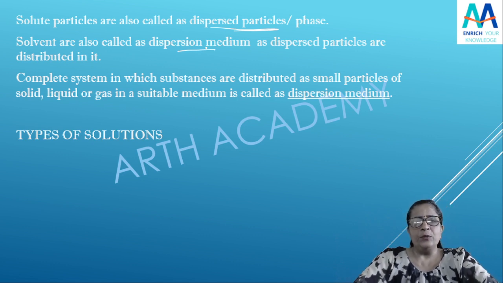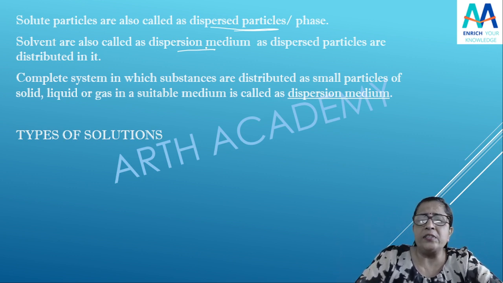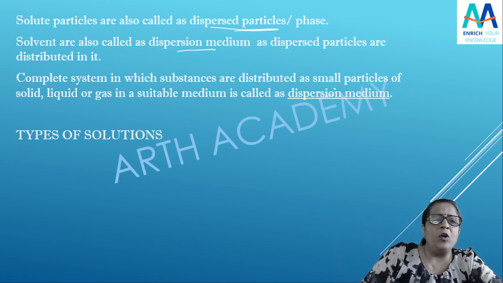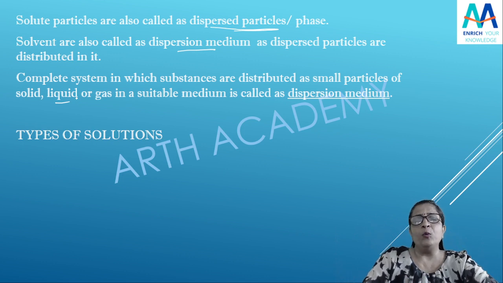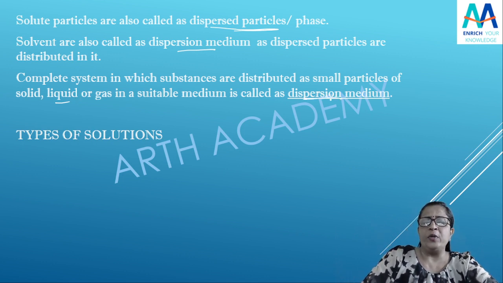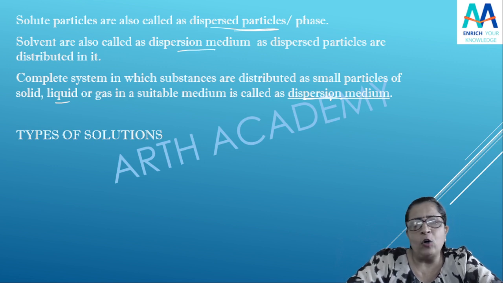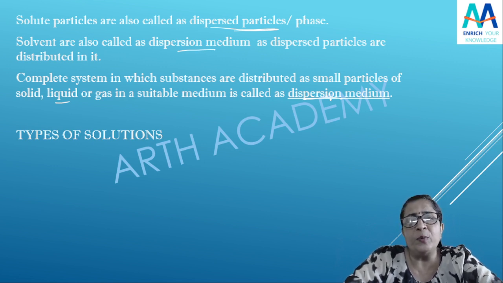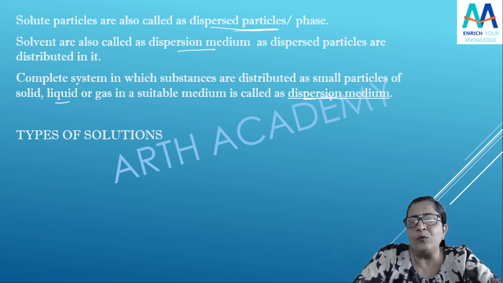So this complete system in which the substances are distributed as small particles of solid, liquid or gas in a suitable medium, ये पूरी medium को हम क्या बोलते हैं? We call it a dispersion medium. तो dispersion medium में solute particles या फिर dispersed particles वो किसके हो सकते हैं?